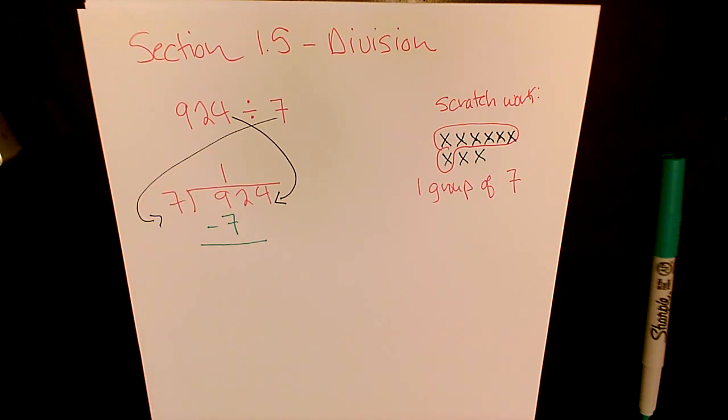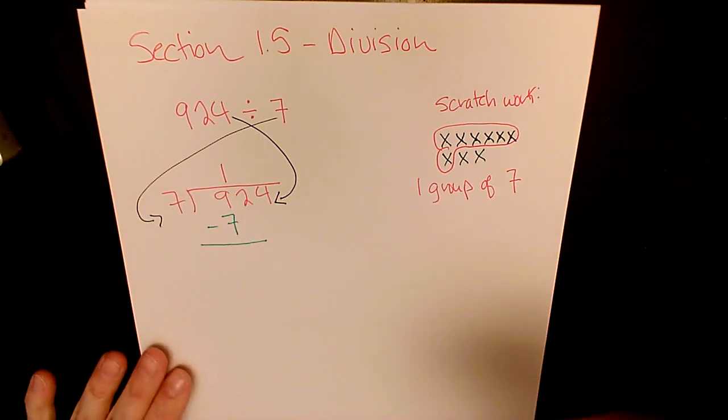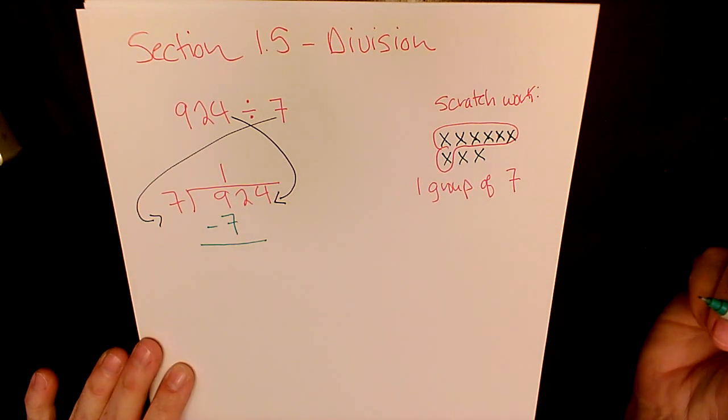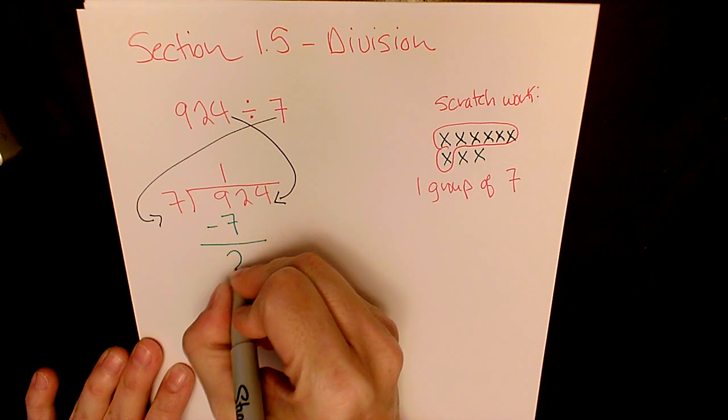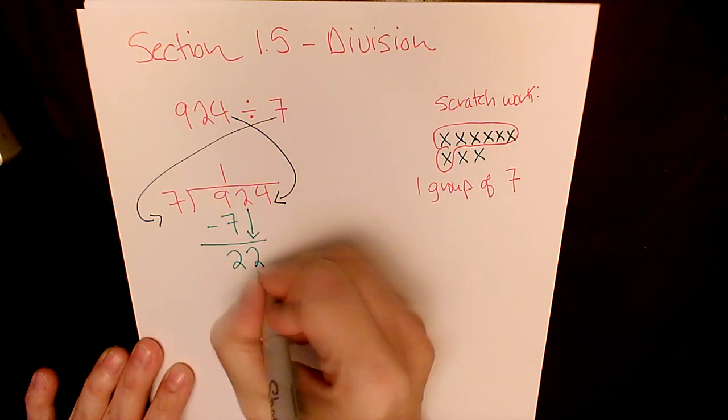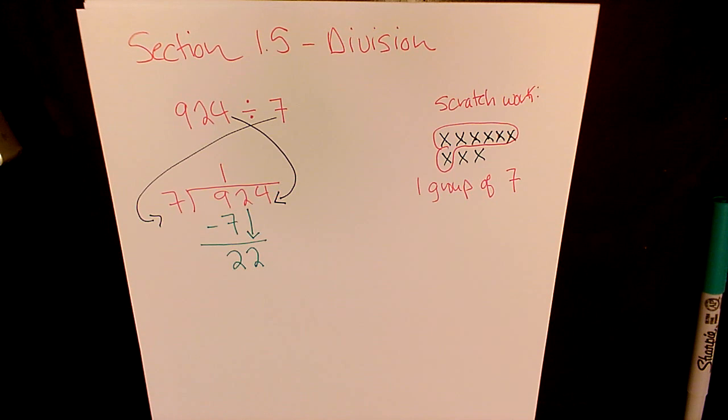So what's 9 minus 7? 9 minus 7 is 2. And then we bring down the next number, and then it all starts over again.